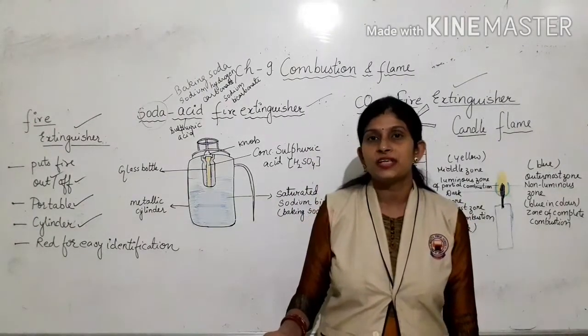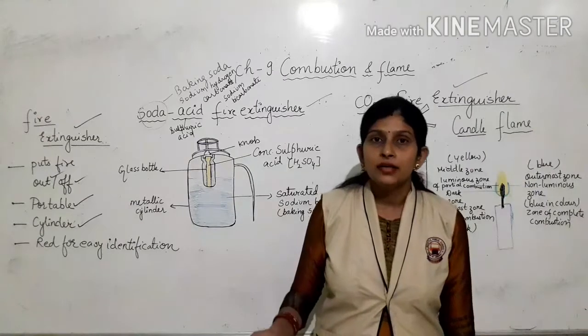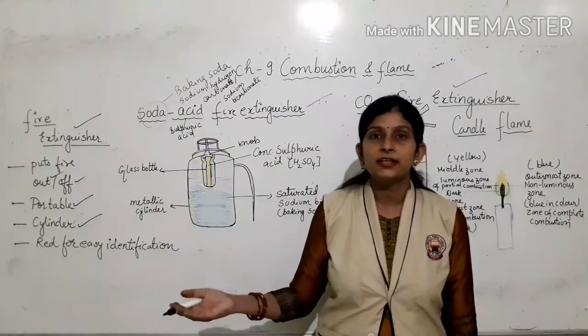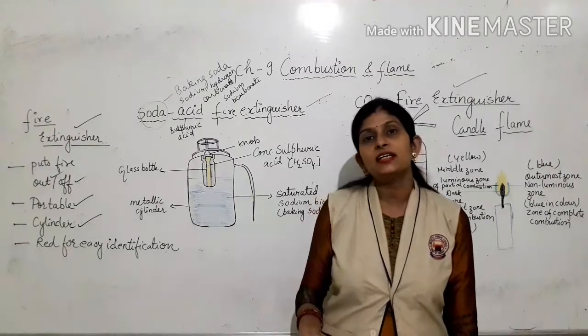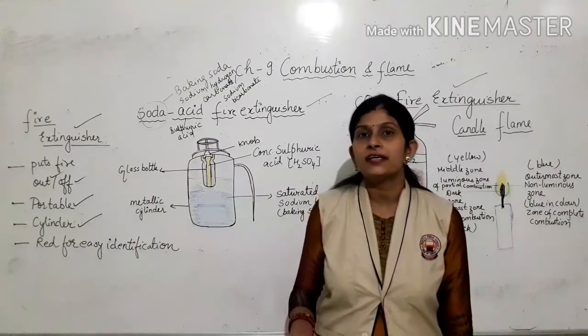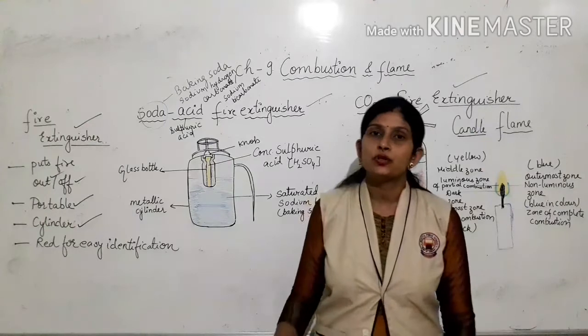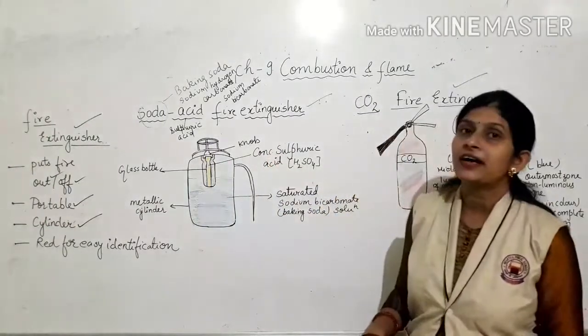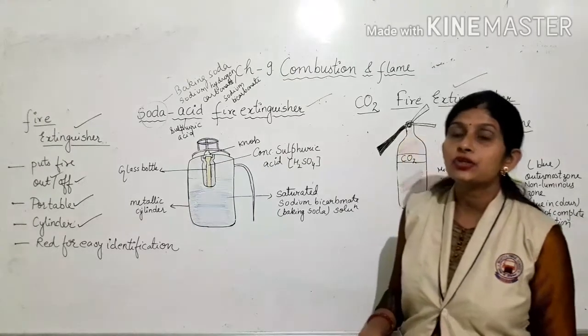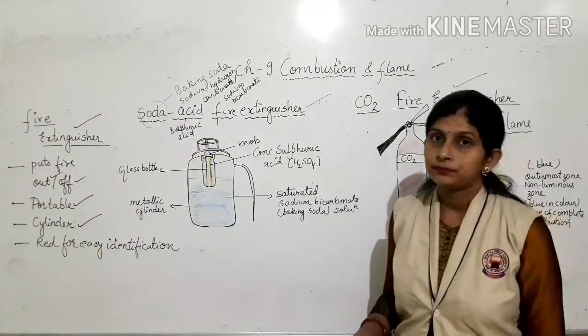Now burning substance does not burn further in the absence of oxygen. As a result, burning or fire is stopped, it is extinguished. In this way, this soda acid fire extinguisher extinguishes the fire.